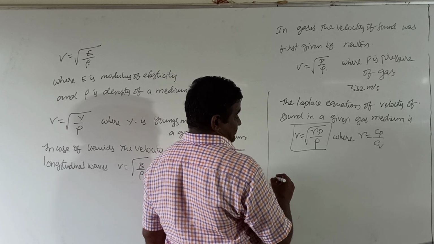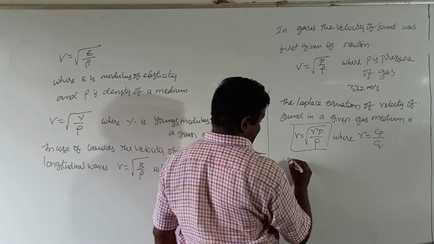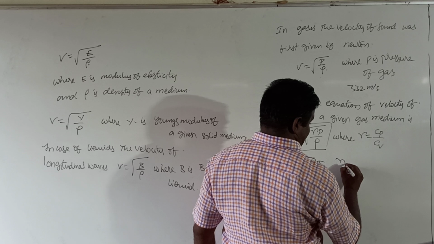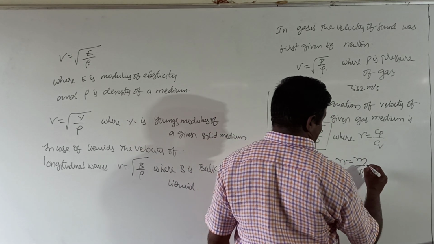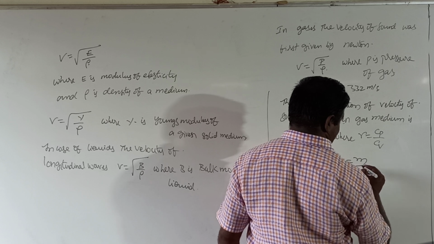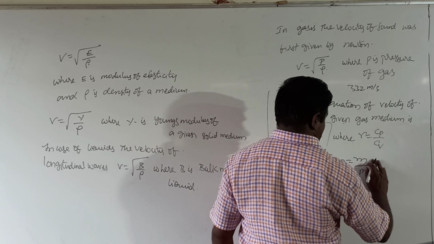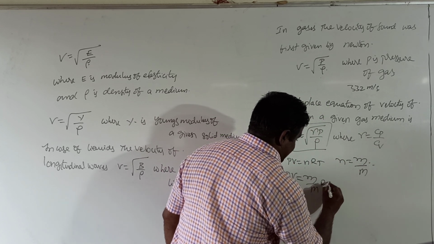Gases obey the ideal gas equation. From the ideal gas equation, PV equal to nRT, where n is the number of moles equal to small m by capital M, given mass by molecular mass. Then P into V equals small m by capital M into RT.